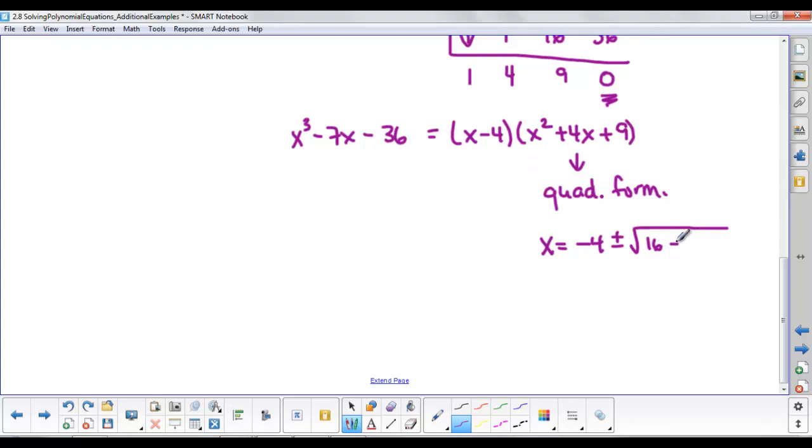And then altogether, 4 times a times c gives you 36. All over 2a, so just 2. Cleaning up inside the square root, we actually have negative 20 all over 2.